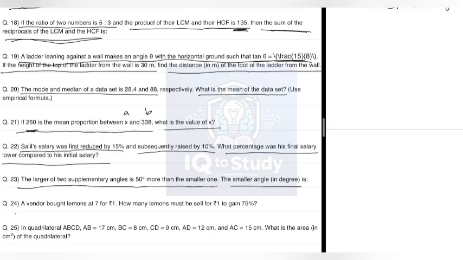A vendor bought lemons at 7 for 1 rupee. How many lemons must he sell for 1 rupee to gain 75%?